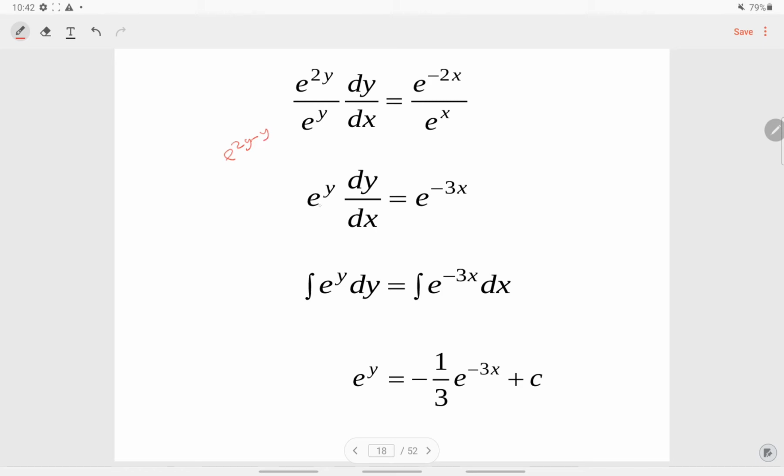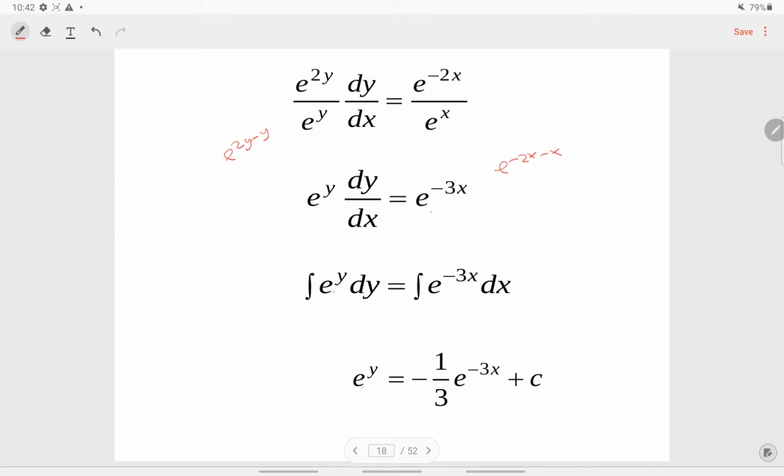For division, it will get e^y dy over dx equals exponential negative 2x minus x. It will be negative 3x, and then we need to integrate both sides, left hand side and the right hand side.